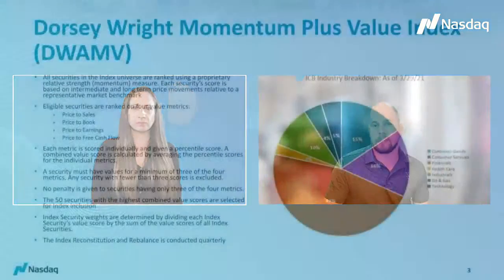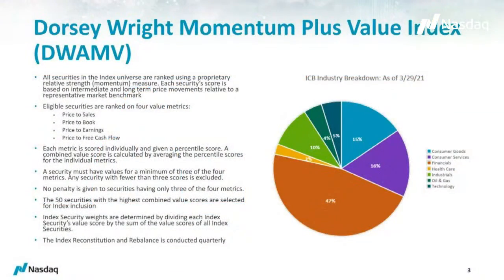Yeah, so there's a lot of different ways you can harness that negative correlation. Some try to allocate a static allocation between value and momentum. But there is an index that does it a different way, and that's the Dorsey Wright Momentum Plus Value Index. It tries to capture those two factors by taking an inventory of stocks and ranking them by their momentum, right? Those stocks that are outperforming have the most momentum, the most relative strength, and are ranked to the top.